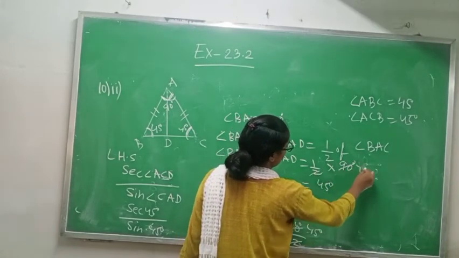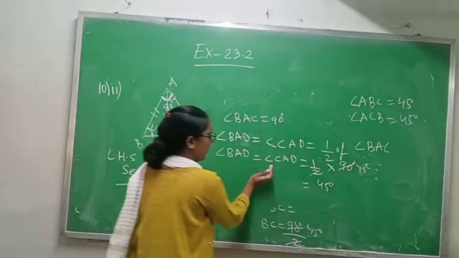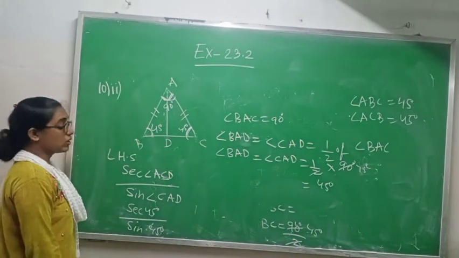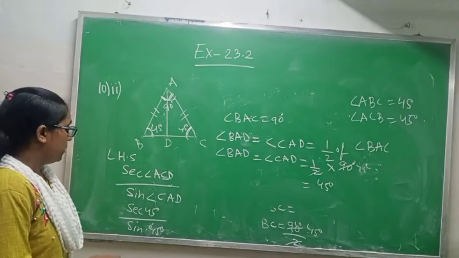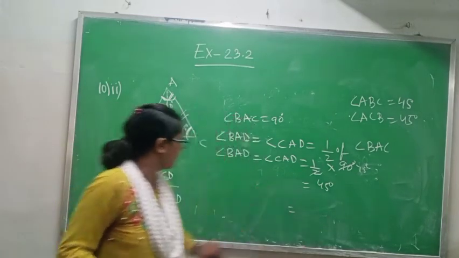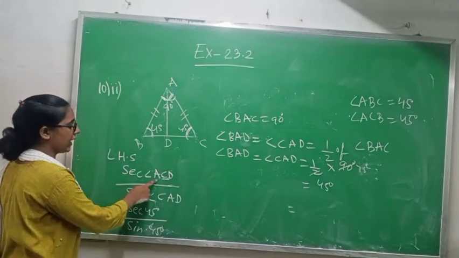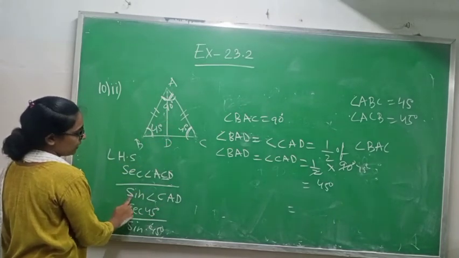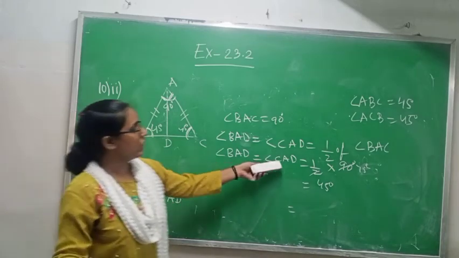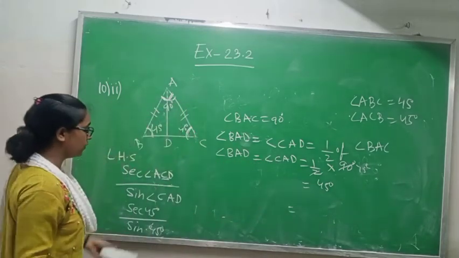First write this one, then come to LHS. It will be better for you. Now I have written sec angle ACD, this one is 45. Sine angle CAD I got 45 degrees.